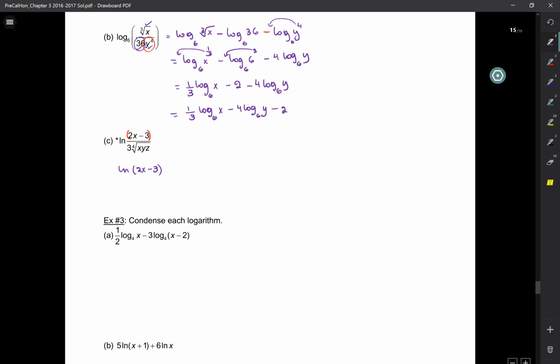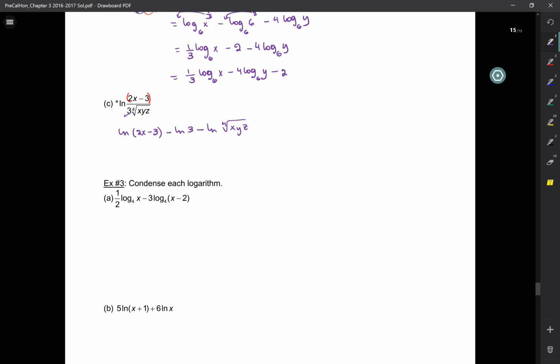Okay, now what do I have left? I have a denominator now. I've got this in the denominator. And look at all the different things I have here, right? So let's do that. Minus ln of 3 minus, right? That's a lower class citizen as well. So it gets a minus ln of the 4th root of xyz. Okay, so let's simplify that a little bit.